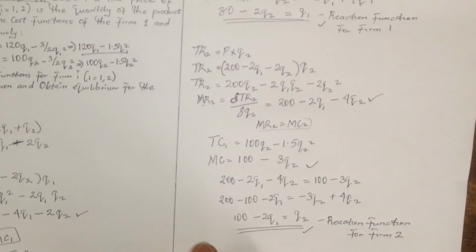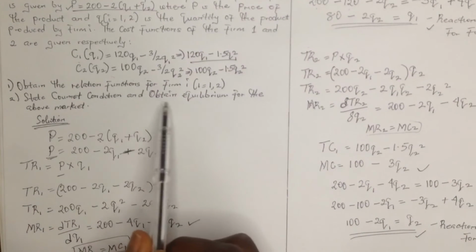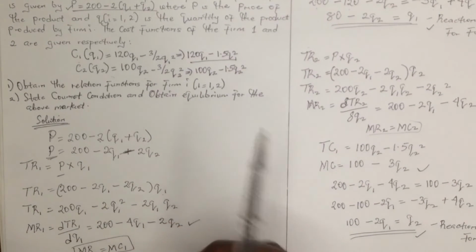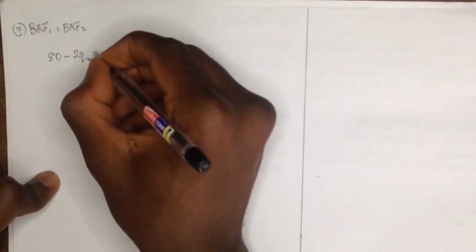Our next task is to state the Cournot condition and obtain the equilibrium for the market. The Cournot condition is that the best reaction function of firm 1 equals the best reaction function of firm 2.